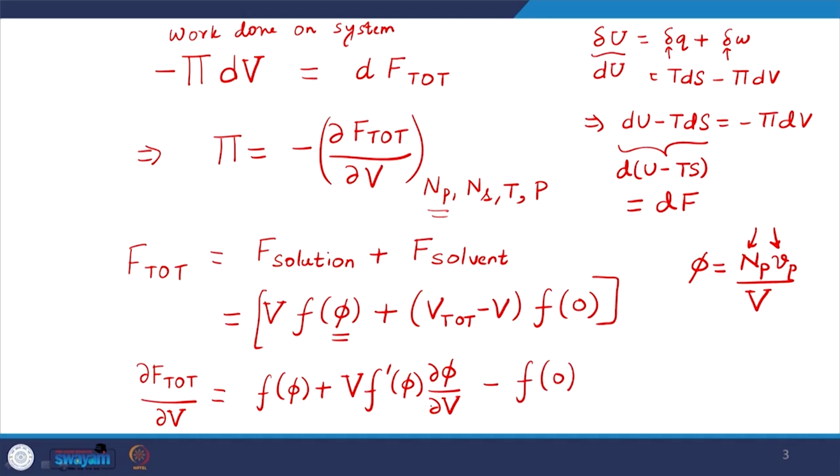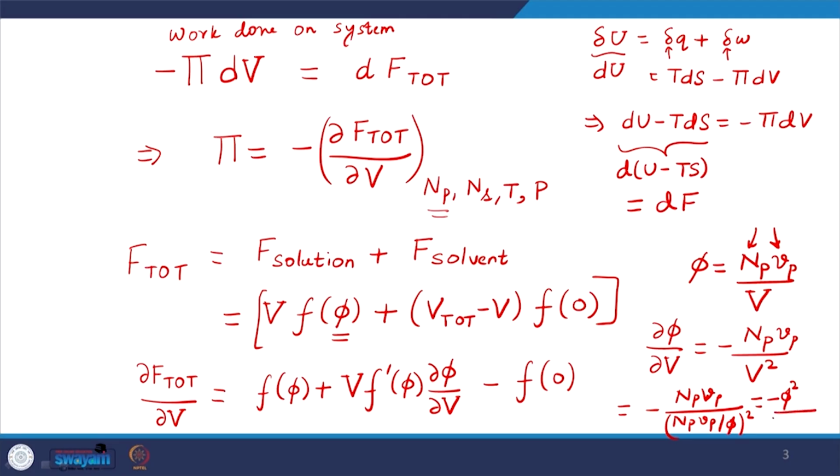Now, let us find what is dou phi by dou V. So, dou phi by dou V is minus Np Vp by V square, and V again I can represent as Np Vp by phi, and therefore, we can say dou phi by dou V is minus phi square divided by Np Vp.